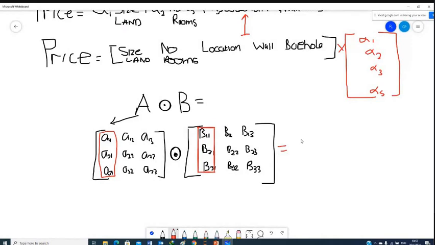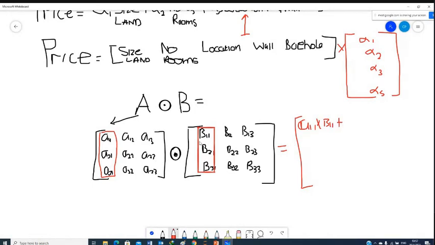So the first element is equal to A11 multiplied by B11 plus B21 times A21.